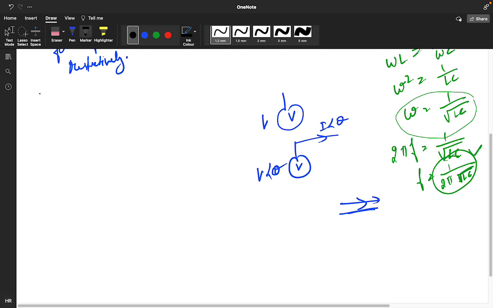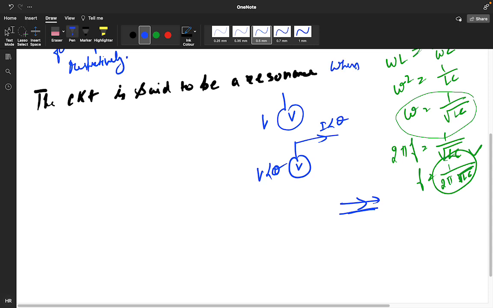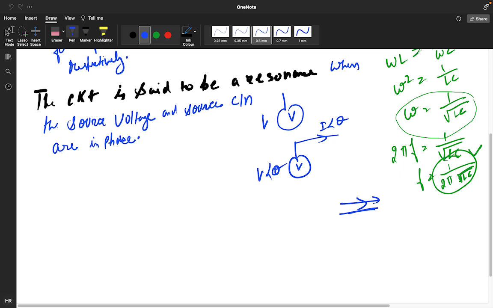So you can also say the circuit is said to be in resonance when the source voltage and source current are in phase.